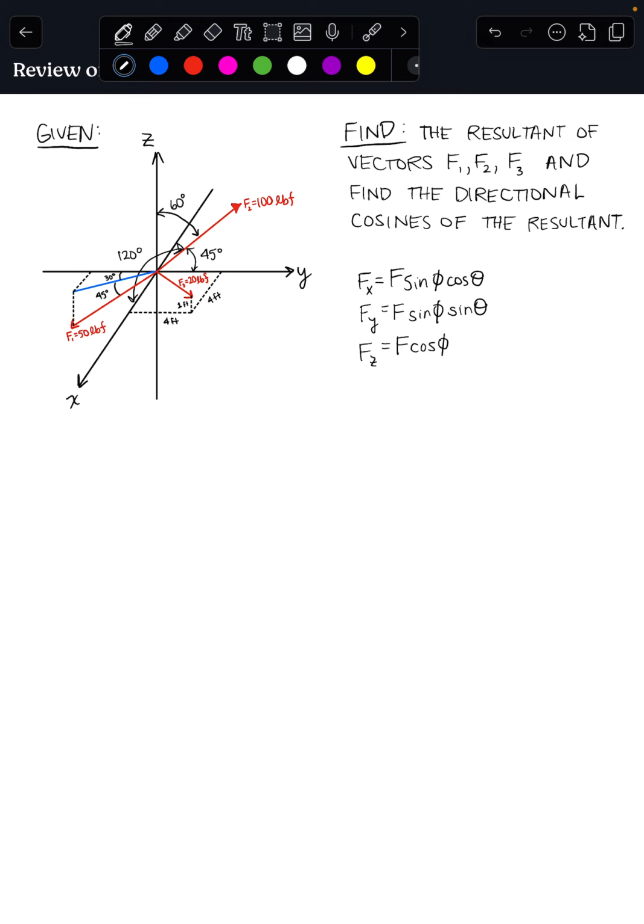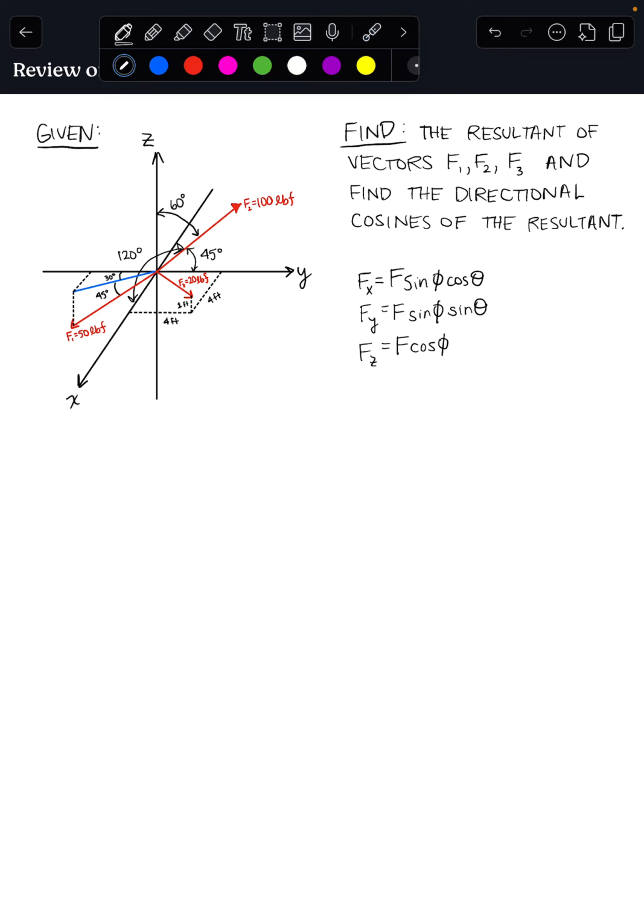And these equations are in your equation sheet that you will get with your exam when we take it, so no need to memorize it. The only thing you have to know is how to use it. So we have to figure out what the heck is F, what is phi, and what is theta. Well, F, I think, is fairly straightforward.